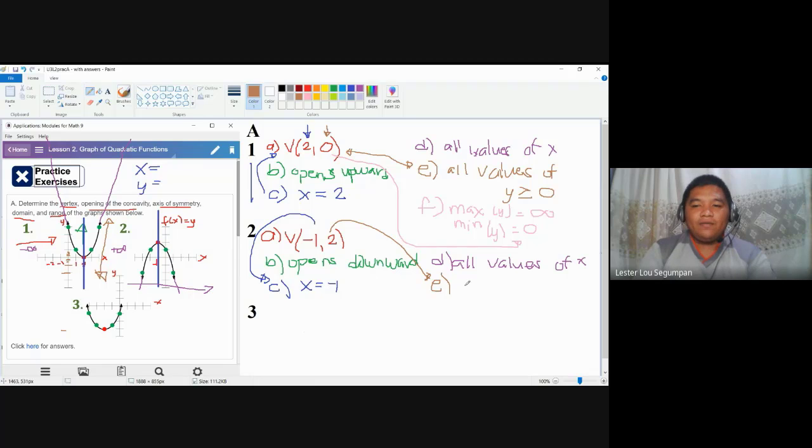We have here all values of y, and you have here 2. But which notation? This is the value for y, which is 2, but the direction is going downward. All values downward.